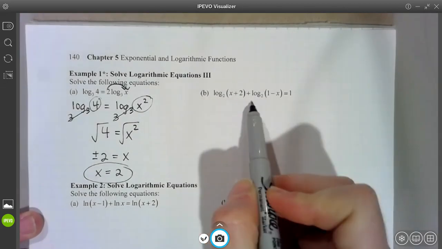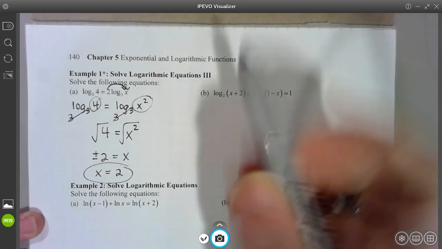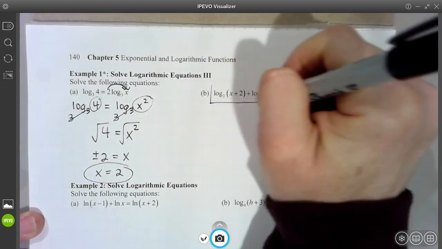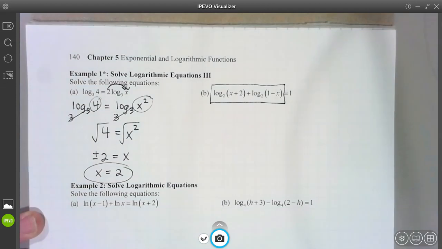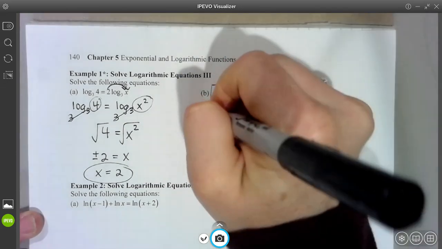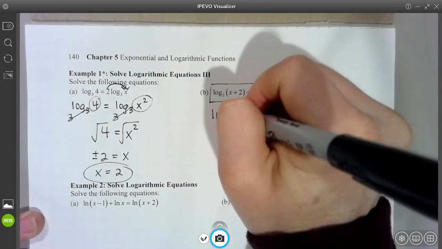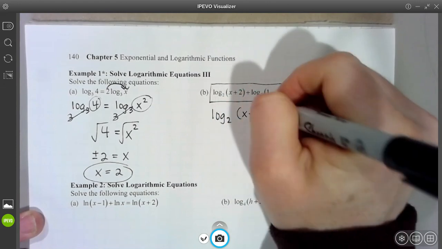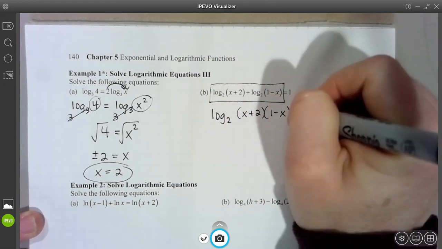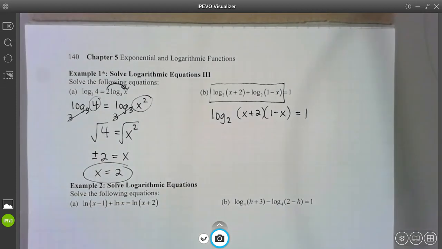So since these are both base 2 logs separated by addition, I can use my property that says I can put these 2 logs back together using multiplication, and I'll have one log. So I'll have log base 2 of x plus 2 times 1 minus x equals 1.